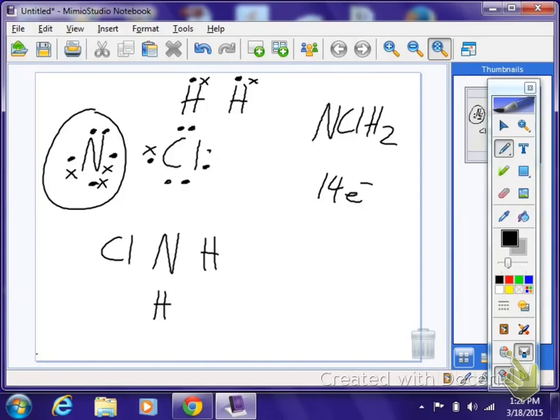Questions? All right. Number 4 reads, place a pair of electrons in between the central atom and the outer atoms, or the branched atoms. So what you're going to do is just place one pair in between the central atom and each of the branched atoms, like that.